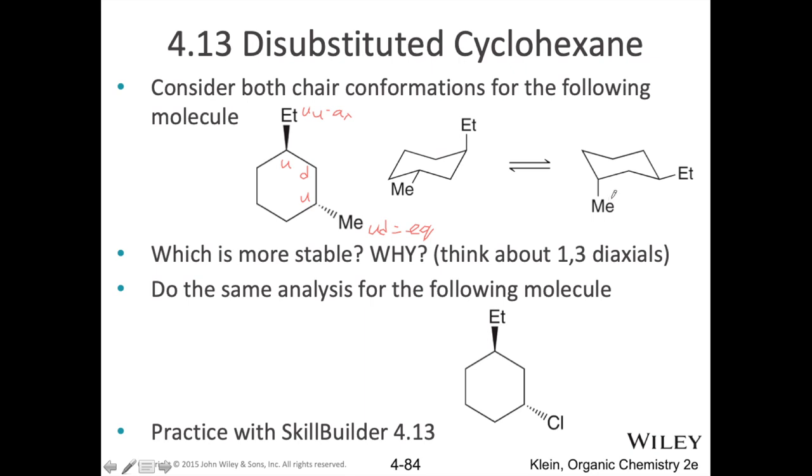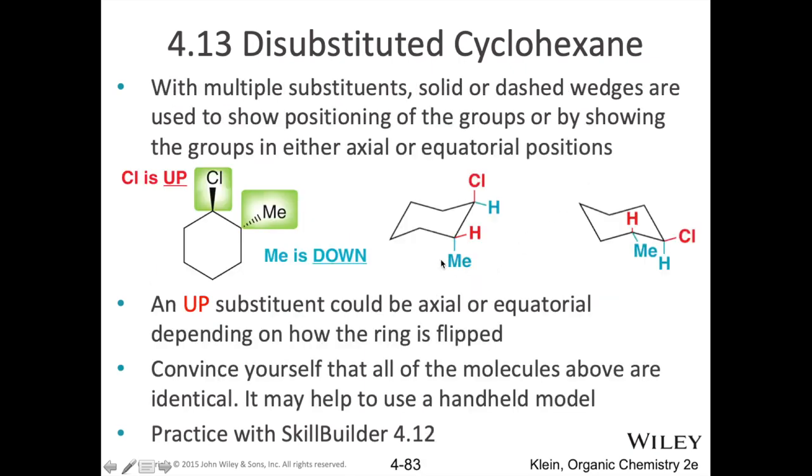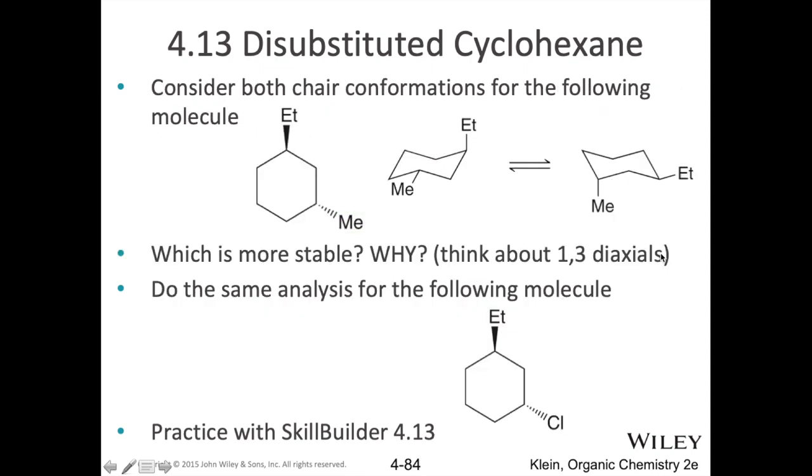So these two conformations are the same molecule but different conformations. Which of these conformations is going to be more stable? In the previous example it was kind of a moot point: you could say this one over here is going to be more stable because both of my bulky groups are equatorial. So what about this one? Which of these two is going to be more stable?